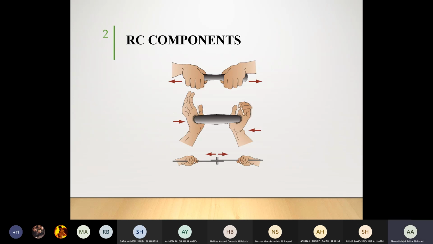Different actions are shown here: compression, tension, and shear. The first is tension, where he's trying to pull. Then we have compression, and then we have shear.